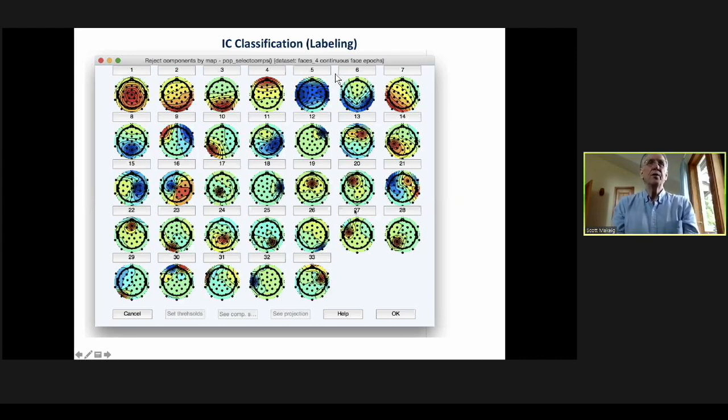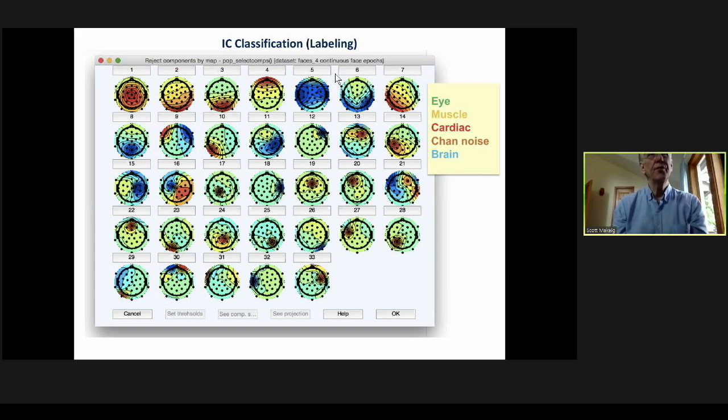Okay, so now you've done your ICA decomposition, and you pull up at the EEG lab a plot of the scalp maps of the different components, and what are all these? So are they eyes, muscle, heart, channel noise, brain?